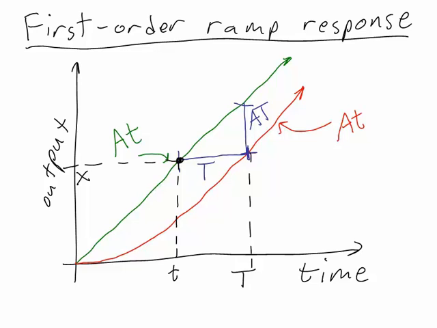So, by knowing no other parameters of the system other than the time constant, we can predict the behavior of the system to a step input or to a ramp input. And once again, this is true of all first-order systems, regardless of whether they are mechanical, electrical, thermal, or any other kind of system.